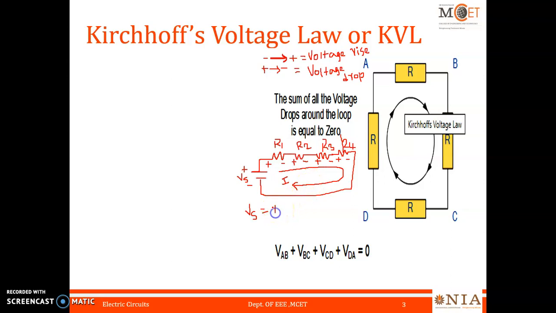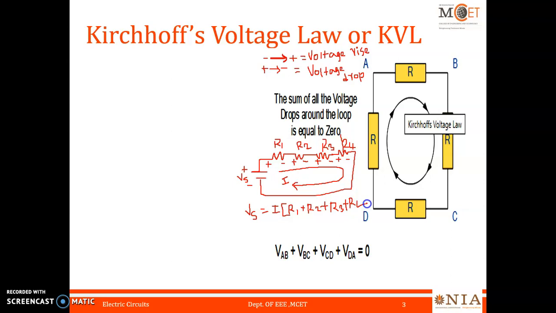So I can write I into, I is the common current in the loop, I into R1 plus R2 plus R3 plus R4.